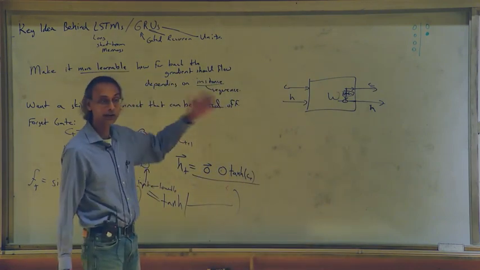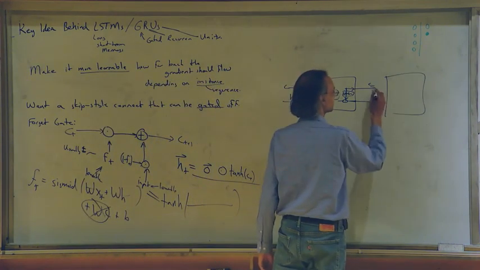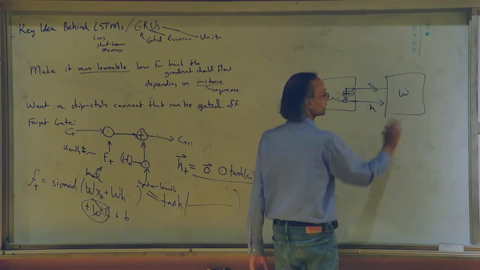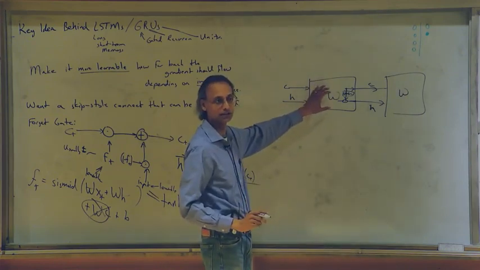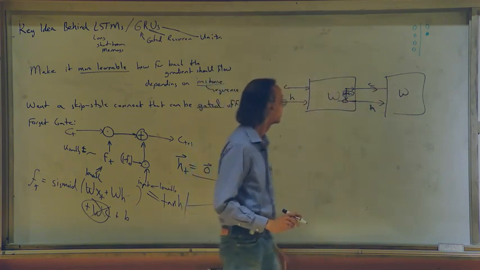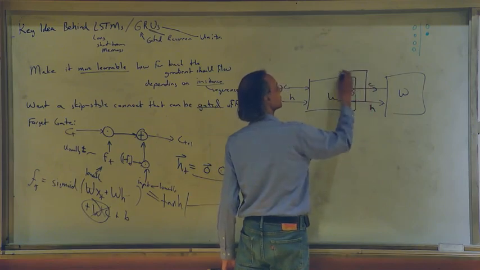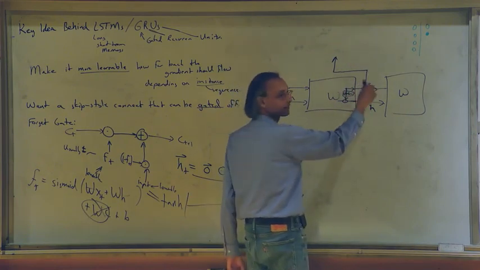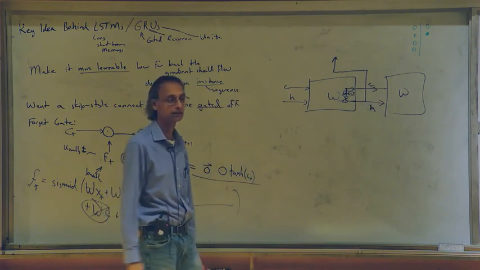Now, there's still a question of what gets passed up. So that goes in the next box, which has similar weights associated with weight sharing across it. So this is like an LSTM cell or a GRU cell, right? When you pass something up, you do not pass C. You only pass H. Again, the reason is you don't want to have a gradient on C that's asking it to change, unless you absolutely need it.